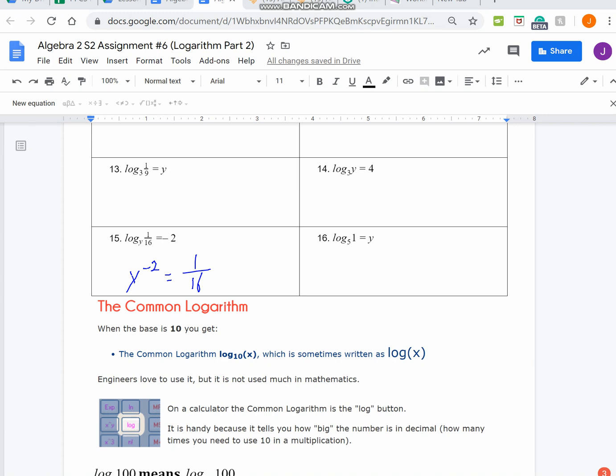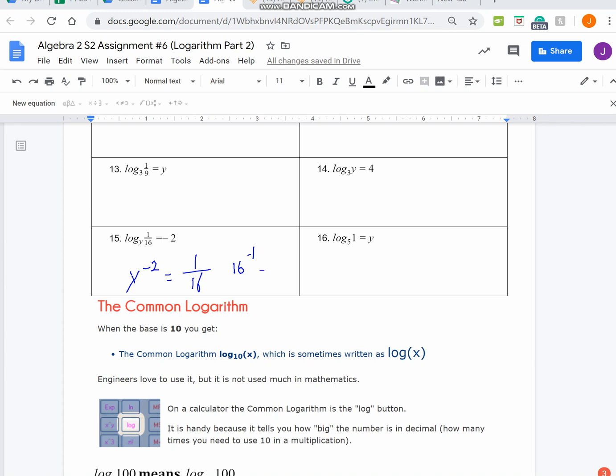Okay, this could be a little tricky, but let's think of it backward. I see 1 over 16, and I know that when it's in fraction form, I can change it into a negative exponent, like 16 to the negative 1. This is the same as this. And I want to have negative 2 instead of negative 1 as an exponent.